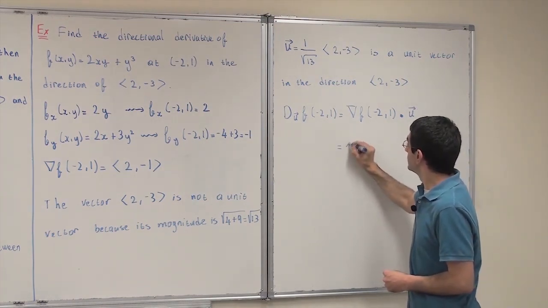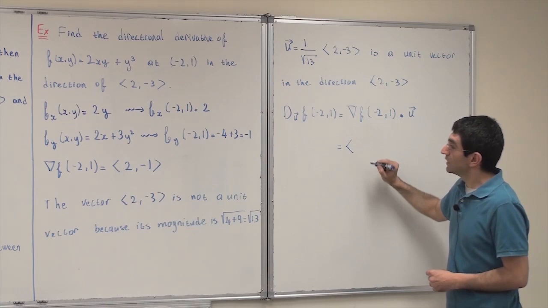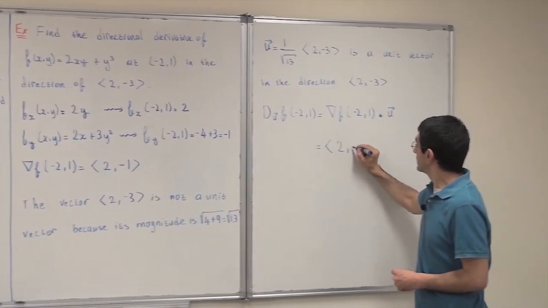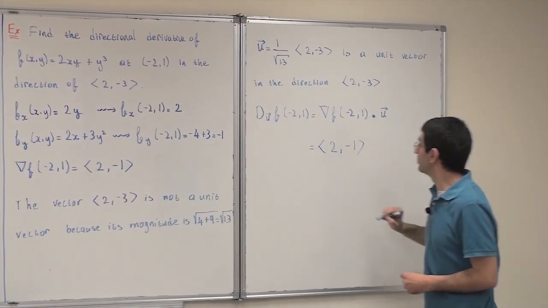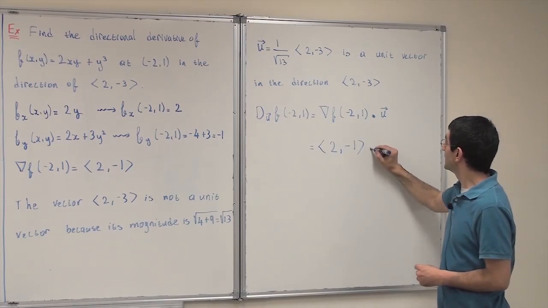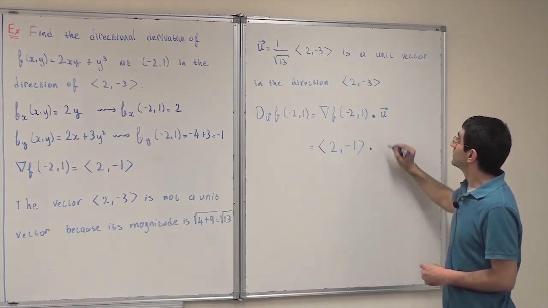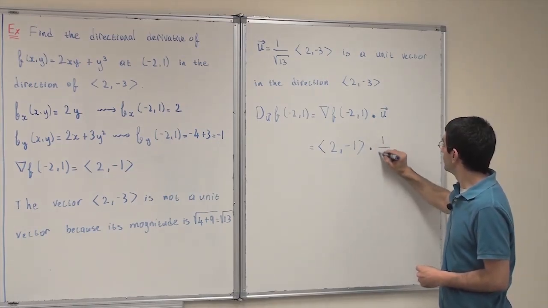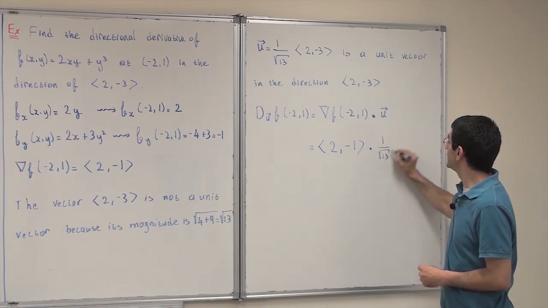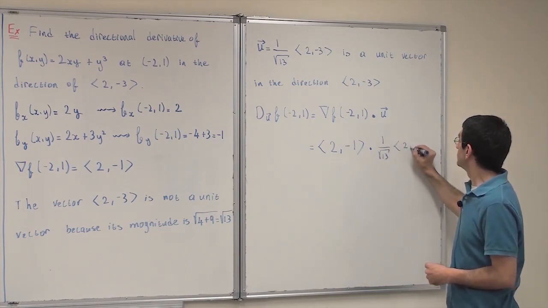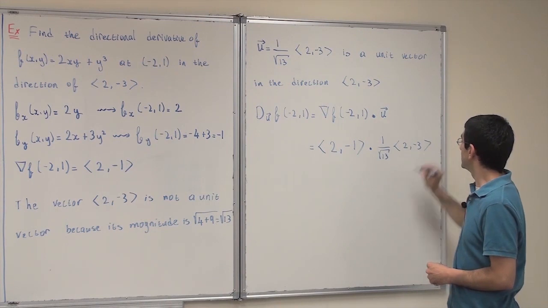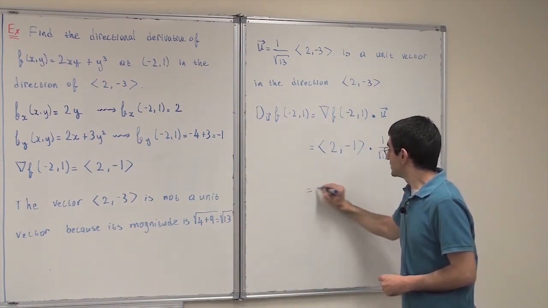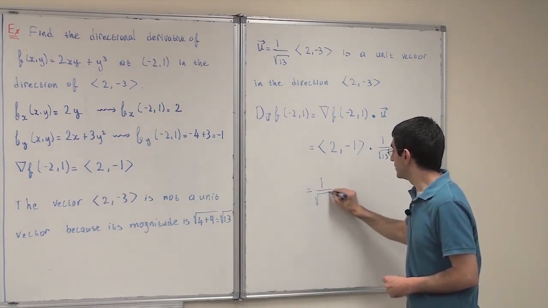So the gradient vector has components 2, -1. The unit vector is 1 over root 13, 2, -3. So I will write the scalar in the front.